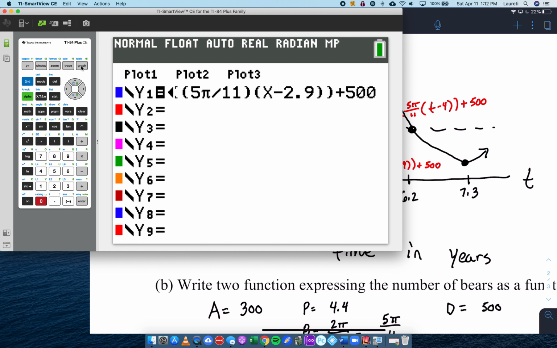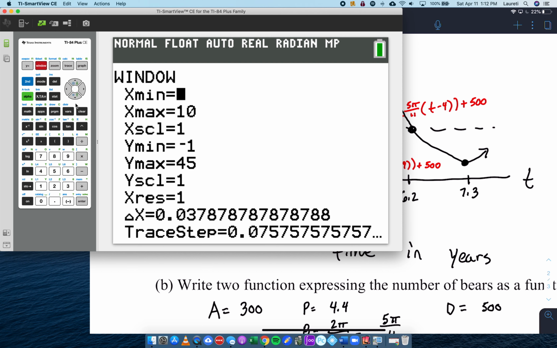All right, so if I go to my graph now, or no, I'm going to change my window. Go to your window. We'll go from 0 to about 7.5, a little bit higher than what our graph is, and then from about -1 to 810, because that'll be a little bit more.